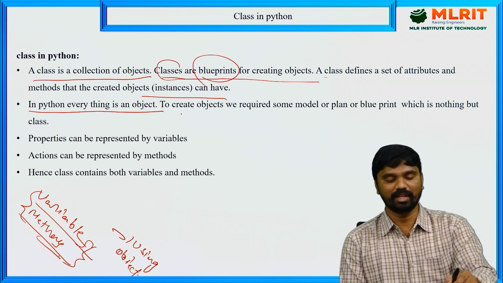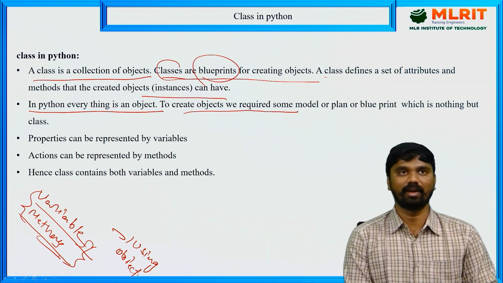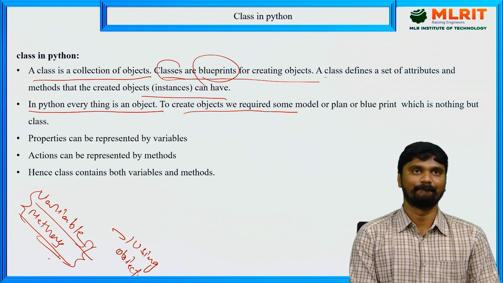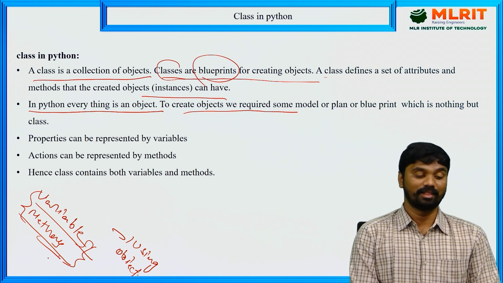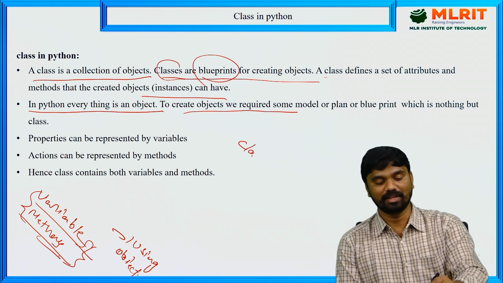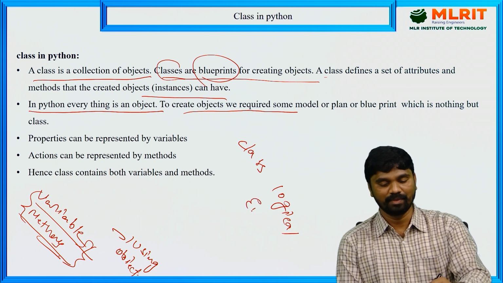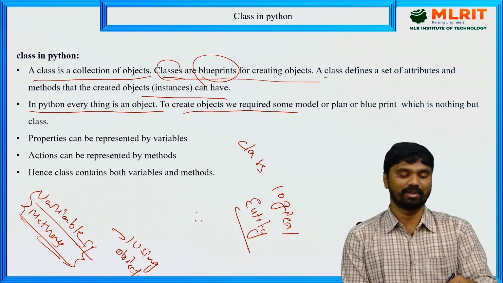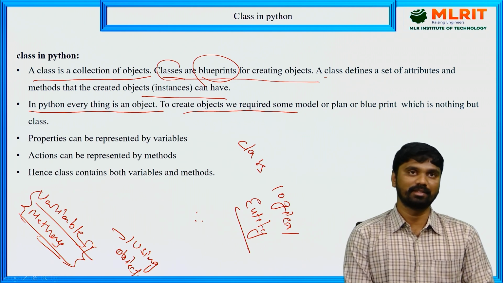To create objects, we require some blueprint or model or plan. That is nothing but a class. That's why a class is a logical entity which contains the variables, methods, as well as implementations.